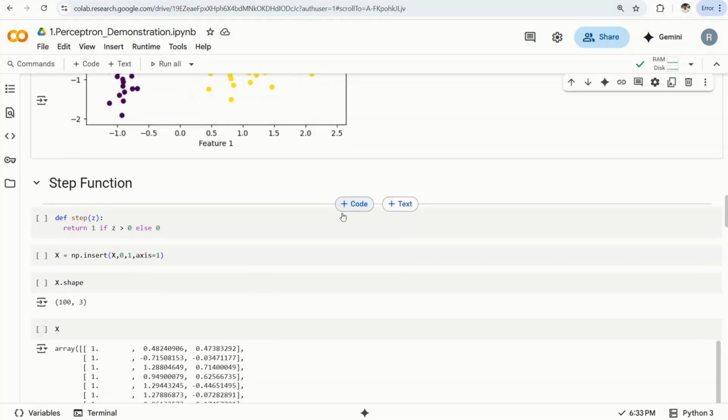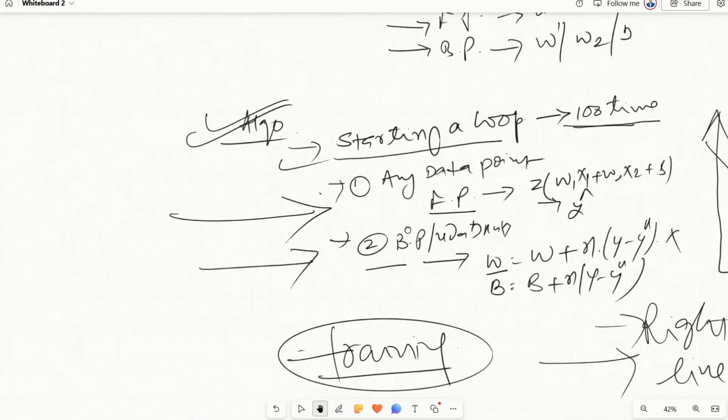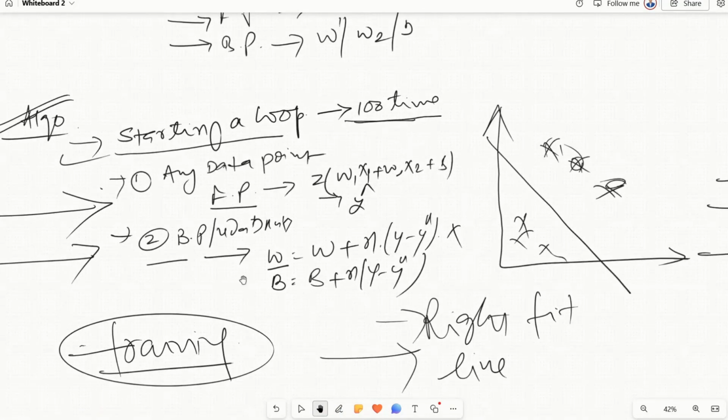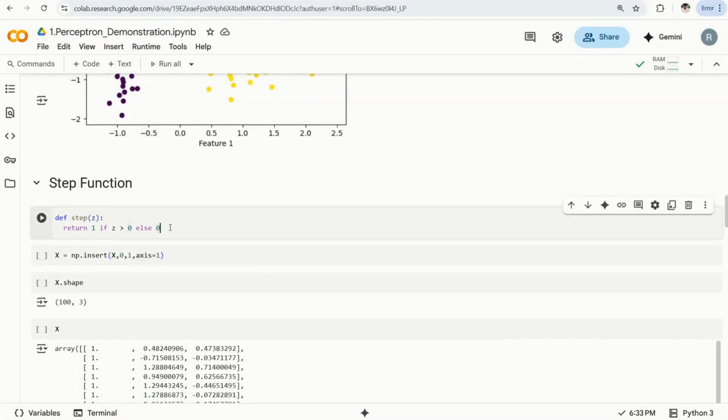How to find the right boundary? For that, I'm applying the algorithm which I discussed right now. To apply this algorithm we need a step function and matrix calculations, all these things. So I'm adding a step function. Guys, don't worry, you don't have to do all this manually.